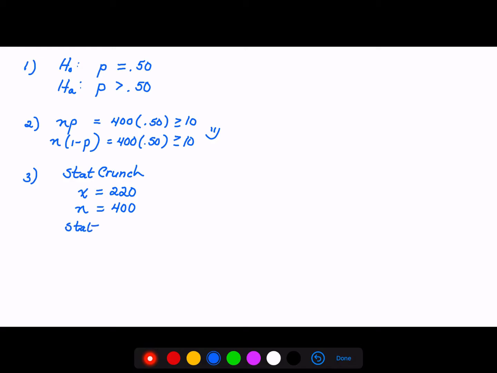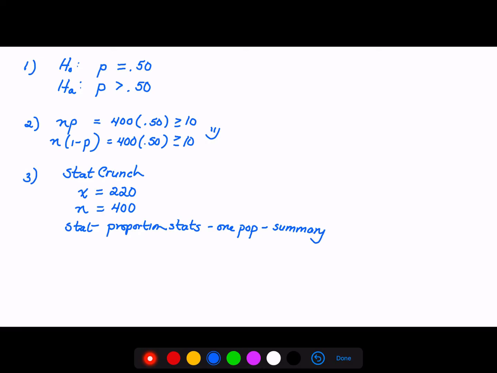Under our stat menu, we're going to look for proportion stats because we're working with proportions. And we only have one group here, so we're going to be talking about one population. And we have a summary. We don't have the individual results, but we do have a summary that 220 out of 400 felt this way.